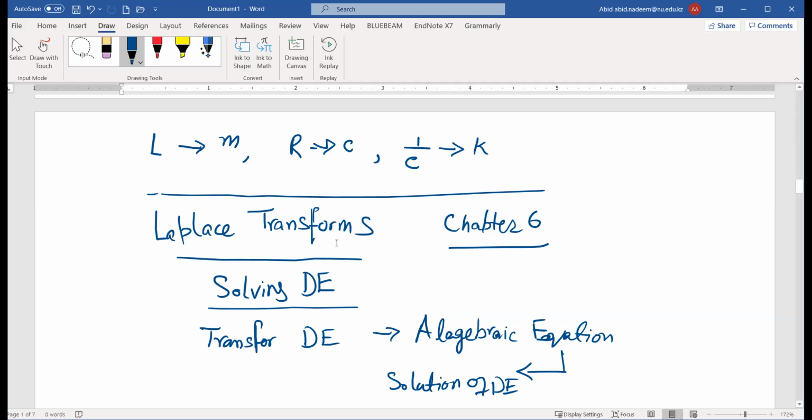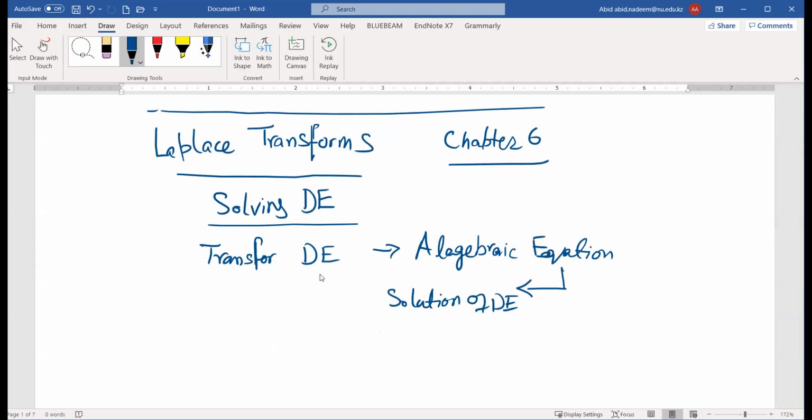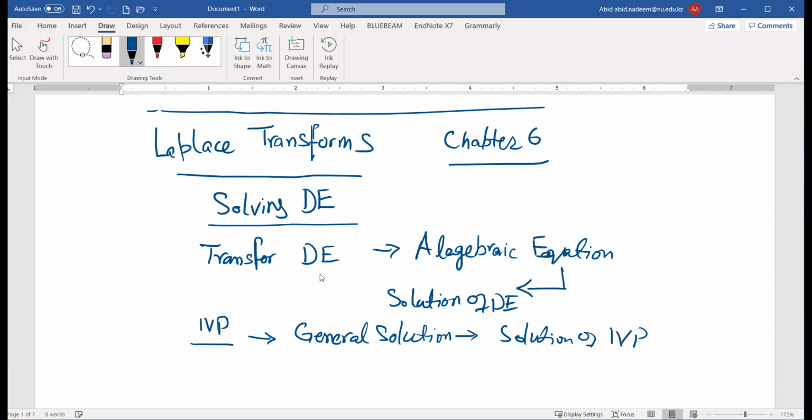So this type of approach has actually some advantages. Normally, in differential equations, you first determine the general solution. For example, if there is an initial value problem, you first find the general solution, and then you find the solution of the initial value problem.